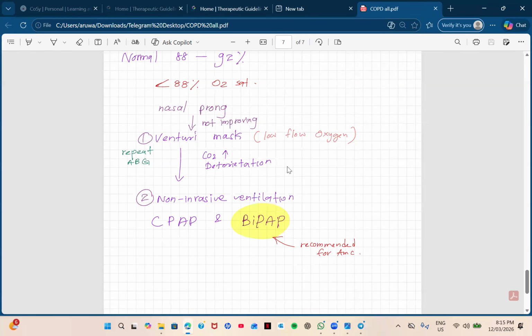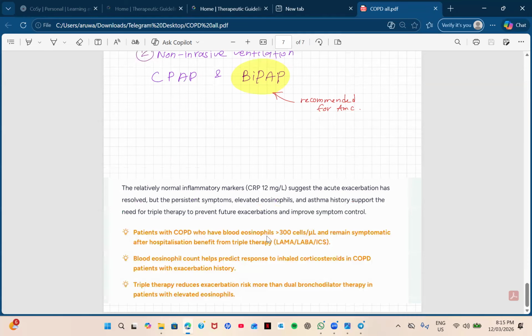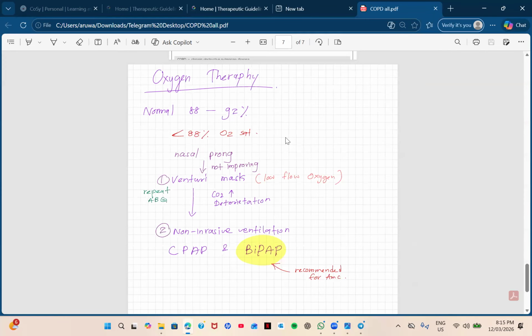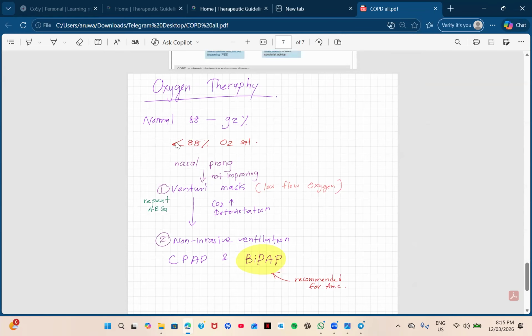BiPAP is the recommended one. I got this from one question, but I can't remember which. Just keep this in your mind because there's no proper source here. Yes, BiPAP is recommended for the AMC. Okay, that's all for COPD.